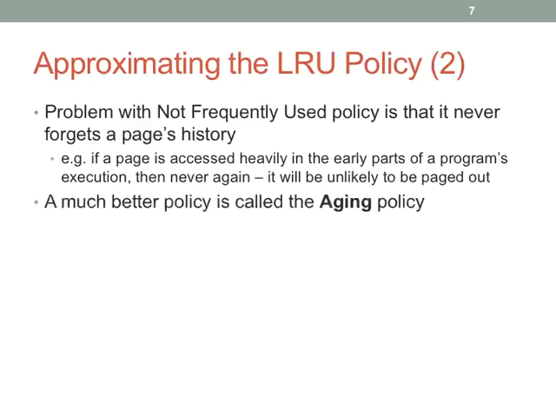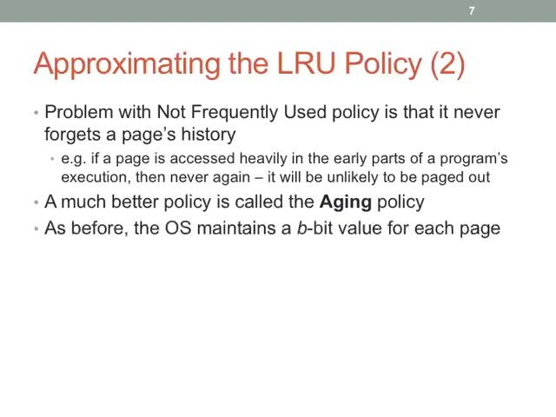Aging is another policy that's similar to NFU, but it's cleverer. It incorporates some kind of aging mechanism so that you really only consider recent frequent access, if you will. NFU is frequent access over the entire history of the program execution.